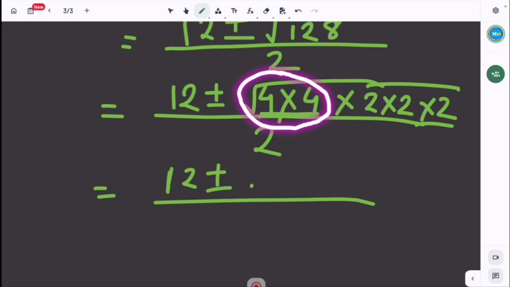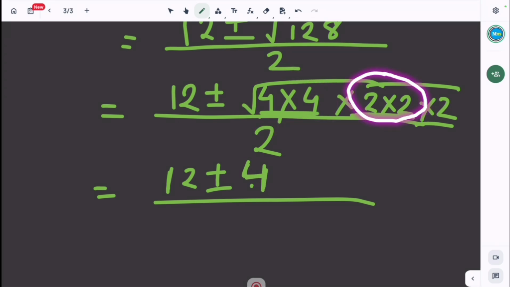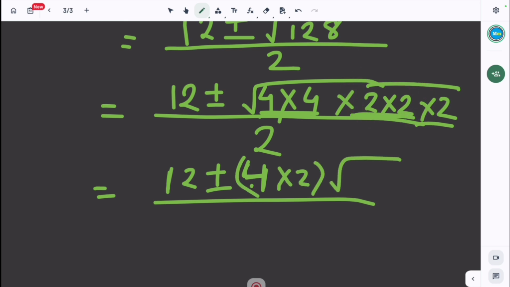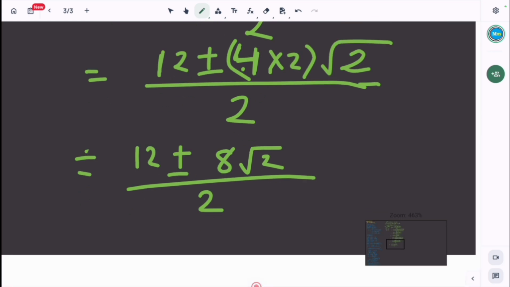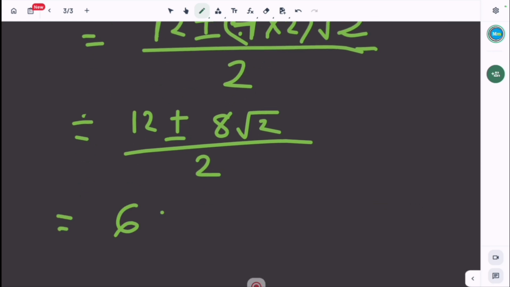From these two 4s, one 4 comes out of the square root, and from these three 2s, one 2 will come out of the root, so it will be like this, and under root is only one 2, divided by 2, equals 12 plus minus 8 root 2 by 2, equals 6 plus minus 4 root 2.